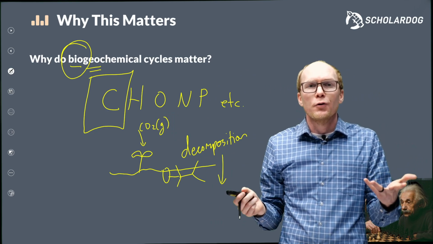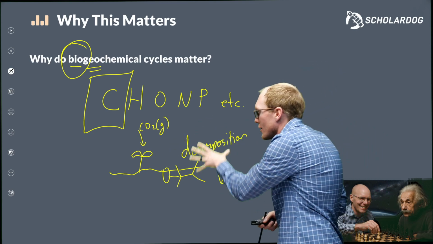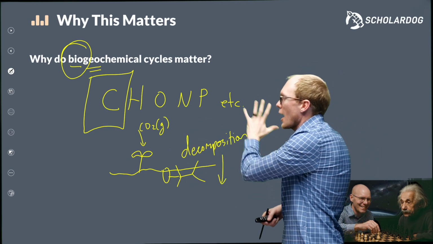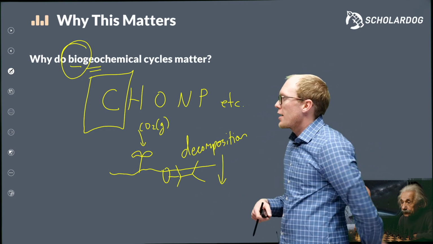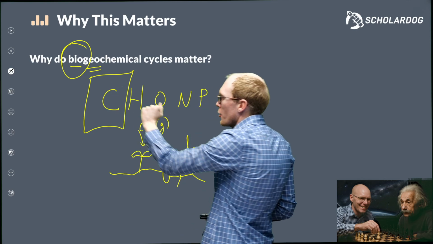Why do you think fossil fuels are called fossil fuels? They come from living things that have decomposed and through the natural chemical processes become fossil fuels. So that's just a very quick snapshot of carbon.